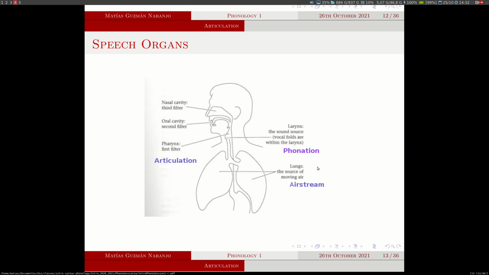You cannot produce sound without an airstream. Then you have the phonation organs, which are in the larynx, which are the vocal folds, and then you have the articulation organs, which are the supra-laryngeal organs, which is everything up here between the nasal cavity and the pharynx.